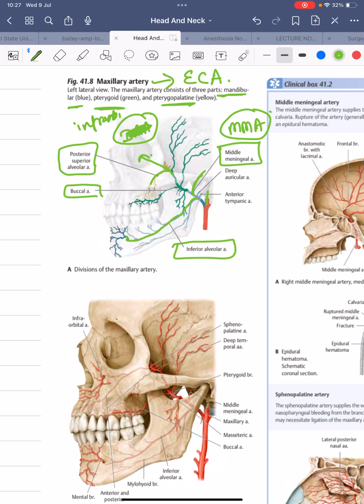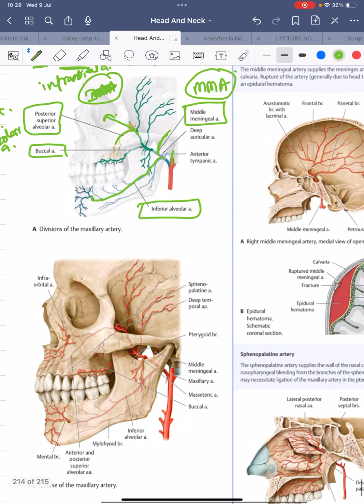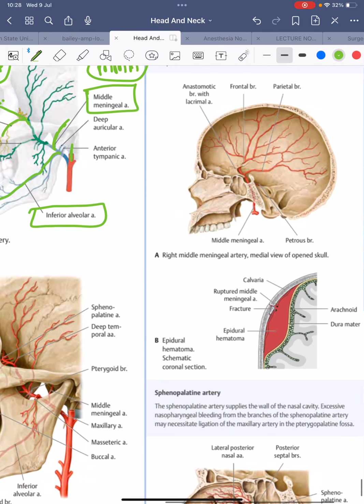Okay, so this is your infraorbital artery. It is continuing as an infraorbital artery, and then it is giving these branches, that is the posterior superior alveolar artery. There can be an anterior superior alveolar artery, like that. But this branch is very, very important, that is your middle meningeal artery.